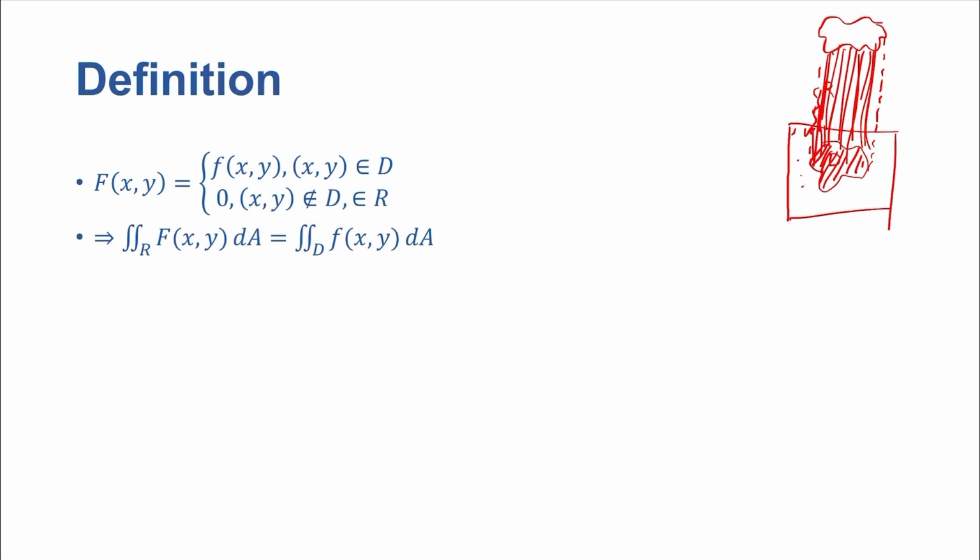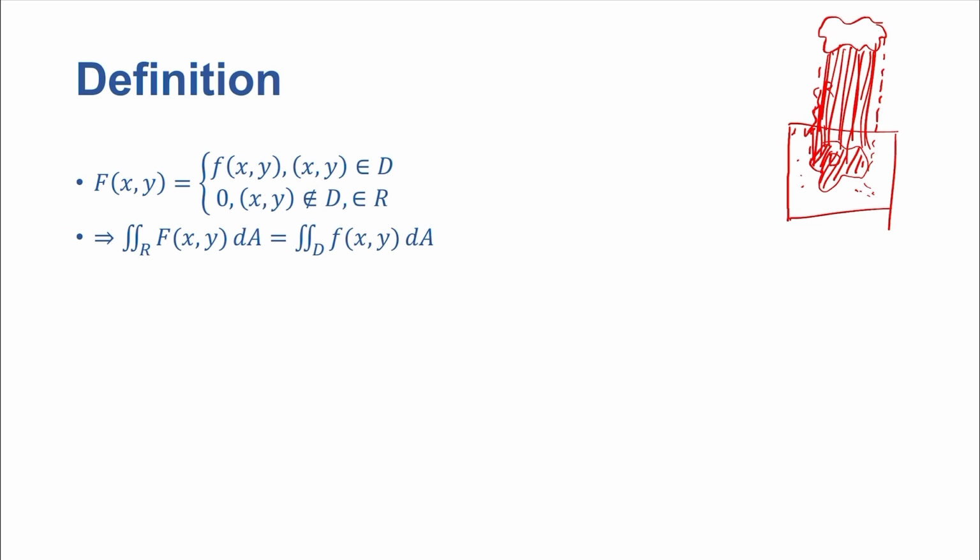So this means that if I take the integral of capital F of x, y over the area R, then that's going to be equal to the integral over the domain D of little f of x and y over the area, because capital F of x and y is equal to 0 over here. So we can make that equivalence.